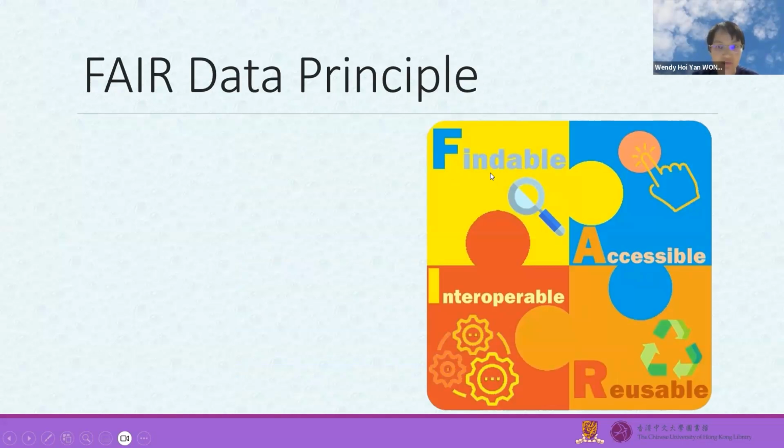Can the data be found on Google? Can your data be found by some search engine? Or is it limited to only the data repository that you deposit your data? This is very important, whether your data could be found by a search engine instead of just searched inside the data repository.